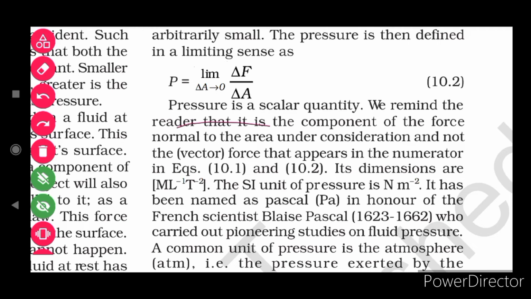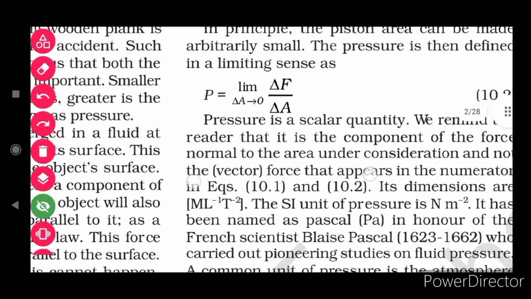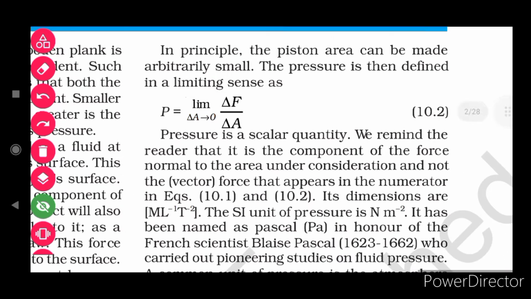This is a very usual thing to understand. Force is a vector quantity and area is a scalar quantity. A vector divided by a scalar should be a vector quantity. But we have to emphasize which force we are considering here.